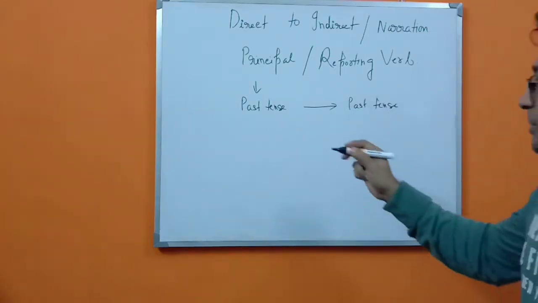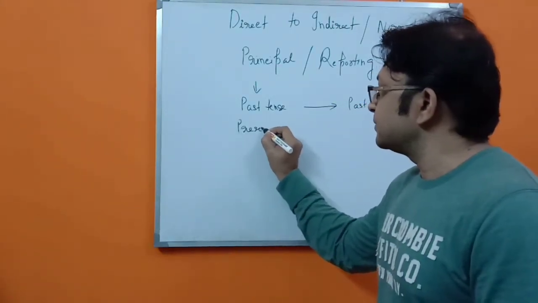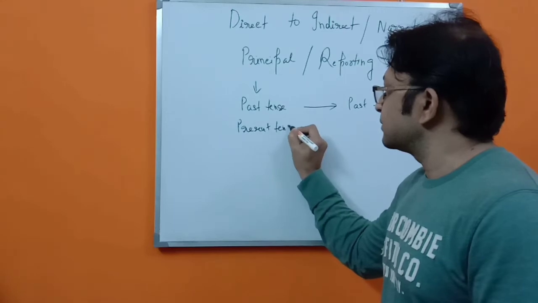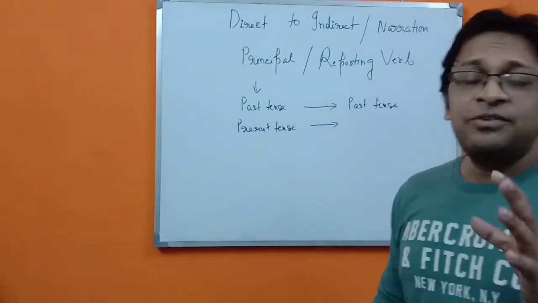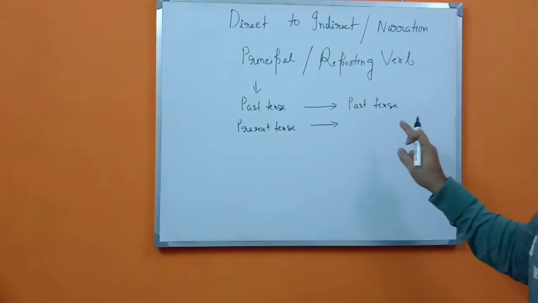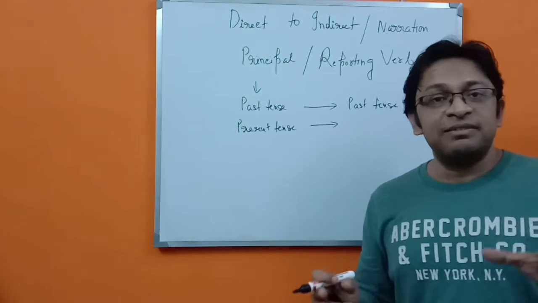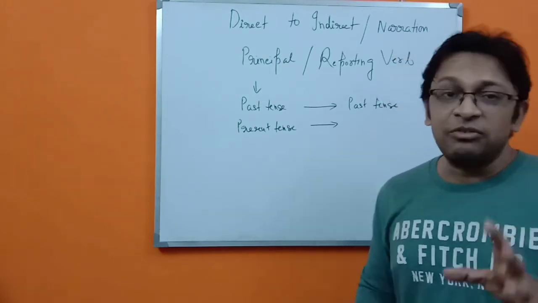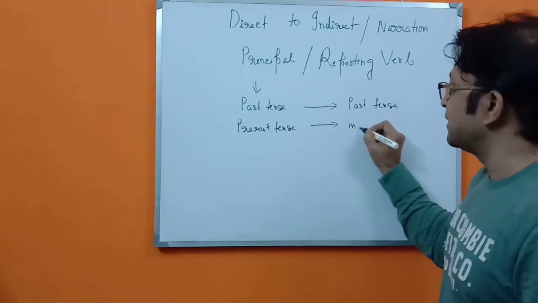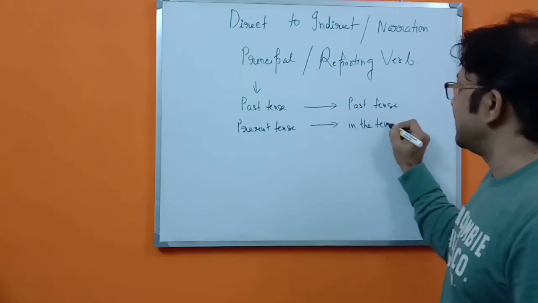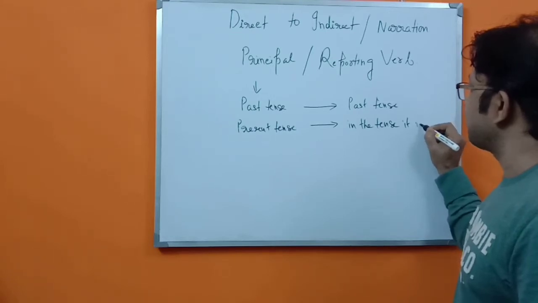But if the principal verb is in present tense, what are you going to do? You are not going to change the tense of the sentence within the inverted comma. It will remain in the tense it was or is.